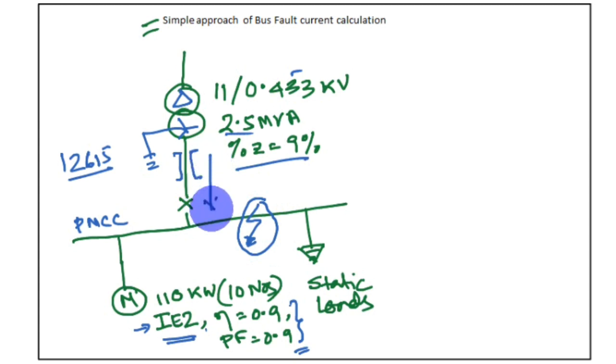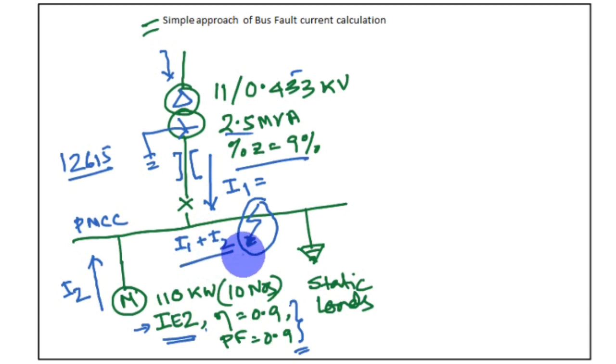One is this direction, say this is I1, which is getting fed from the upper side, and the 10 motors will also generate some fault current, say this is I2, the fault current generated by the motors. So the bus fault will be the sum of the two, I1 plus I2. We will be calculating each of the components. First we will be calculating I1.